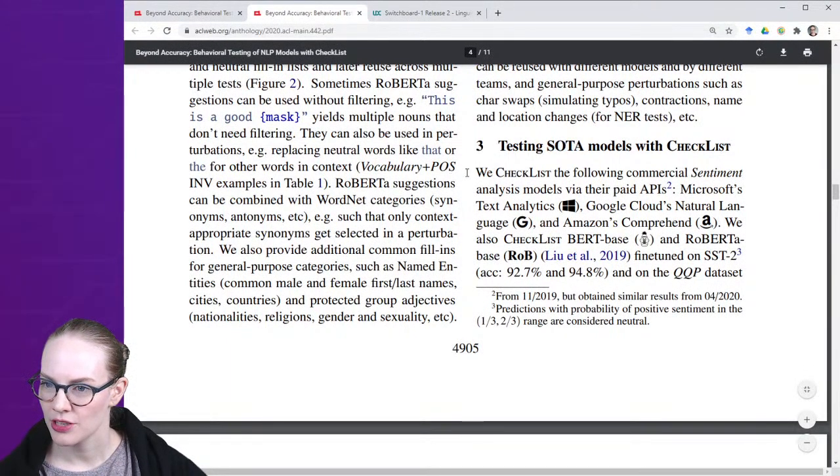So they checklist the following commercial sentiment analysis models via their paid APIs: Microsoft Text Analytics, Google Cloud's Natural Language, and Amazon's Comprehend.